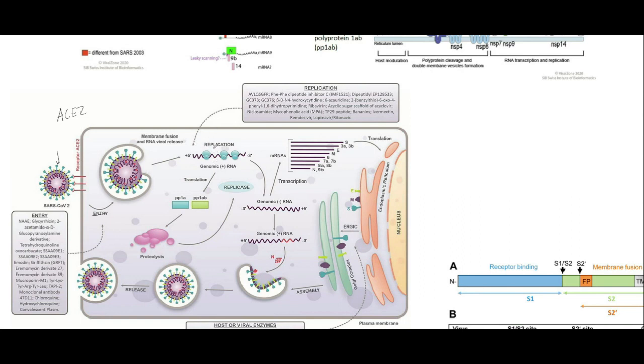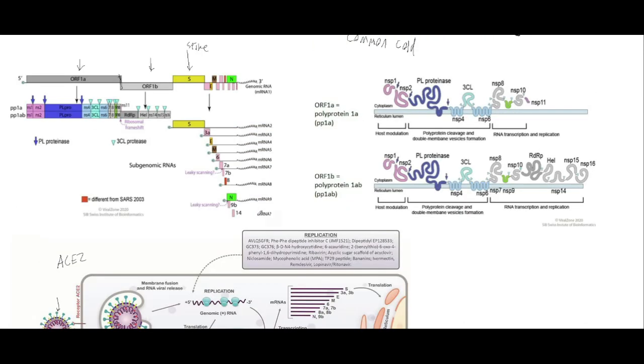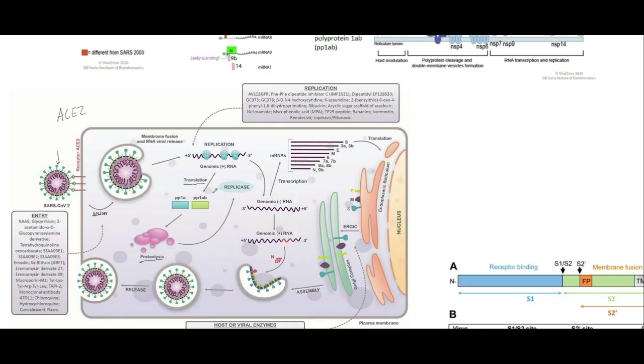are then translated. So this is already an mRNA, so it's translated into proteins. These are our two polyproteins here. They go through the proteolysis, which is the process of breaking them up into their individual proteins.